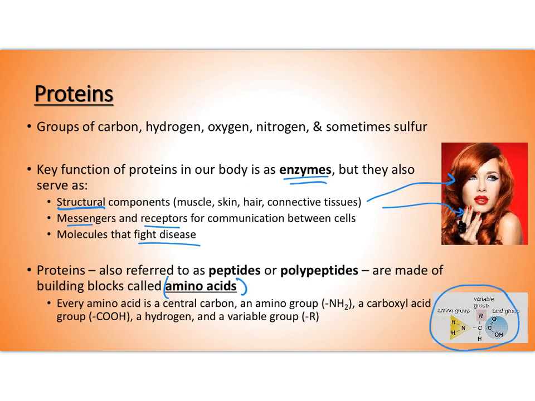They have a central carbon surrounded by four things. They've got a hydrogen on one side, an amino group on one side, a carboxylic acid group on one side, and then a side that varies, a variable group. So this is why we call them amino acids, because they have an amino and an acid functional group on them.